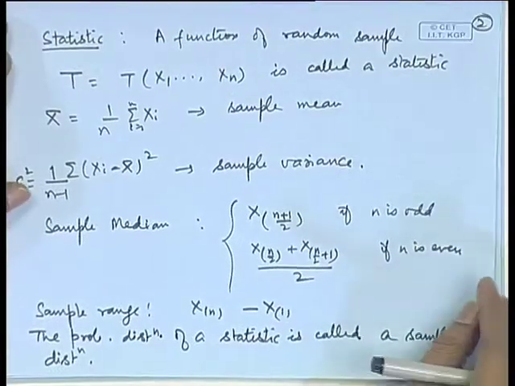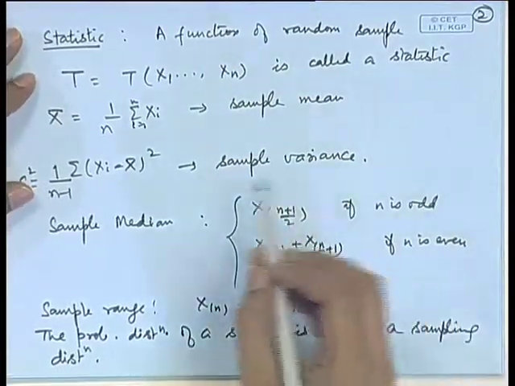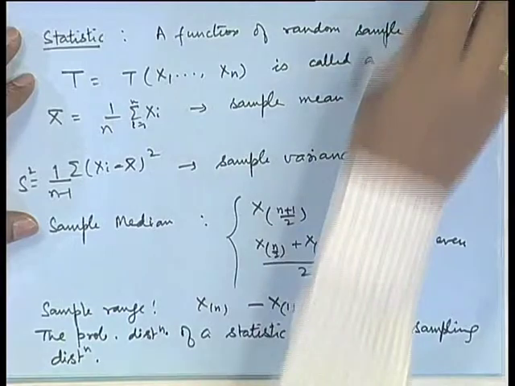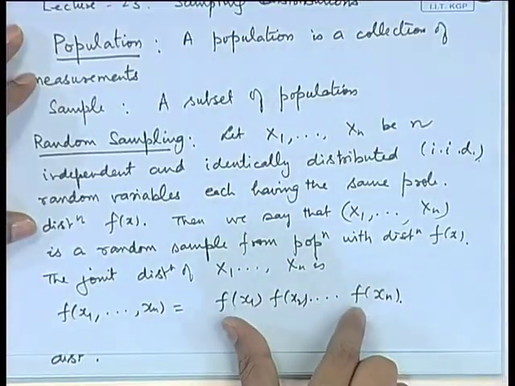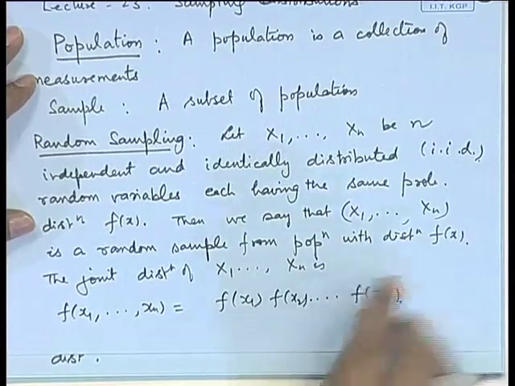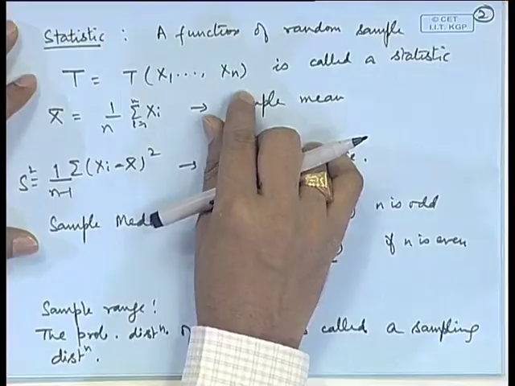Now, here the distribution of X1, X2, ..., Xn is known. So, the joint distribution of the sample is known to us. If we consider any function T(X1, X2, ..., Xn), the derivation of the distribution relates to the techniques we defined in the previous lecture, that is, transformation of random vectors.